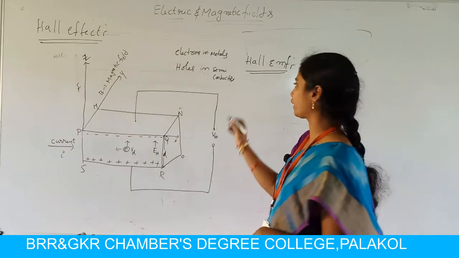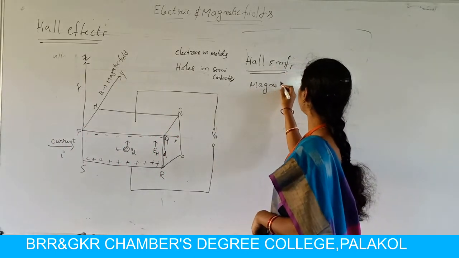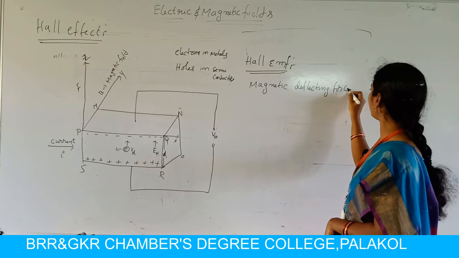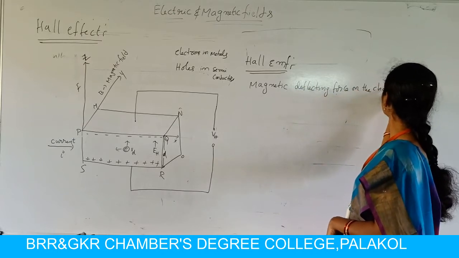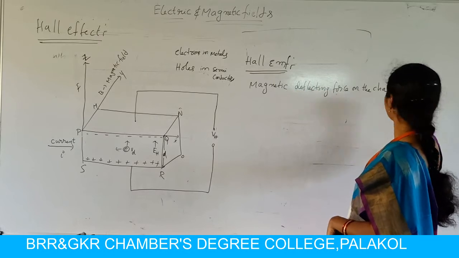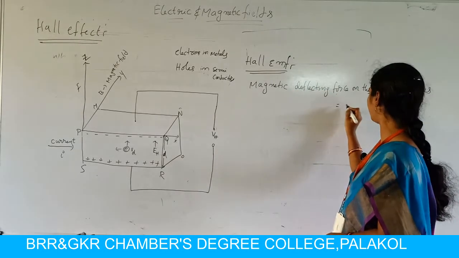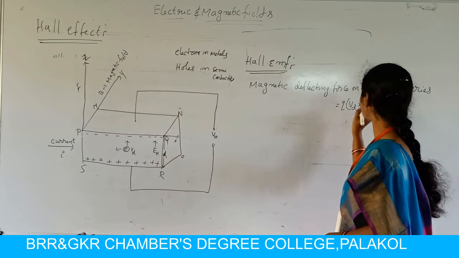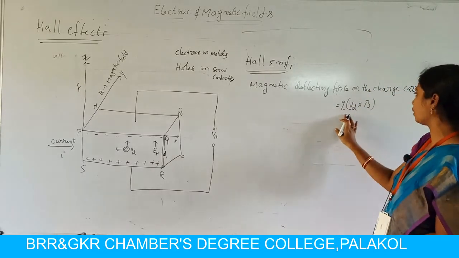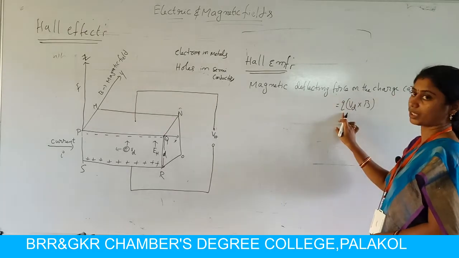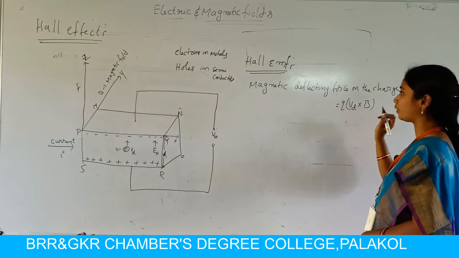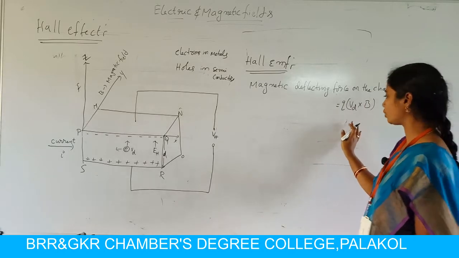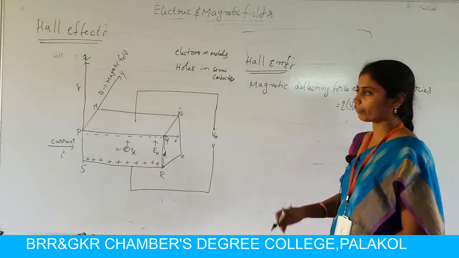We first write the magnetic deflecting force acting on the charge carriers, which is Q into Vd cross B. Here Q is the charge on the charge carriers, Vd is the drift velocity for the charge carriers and B is the magnetic field acting on the charge carriers. And also there is present an electric deflecting force.